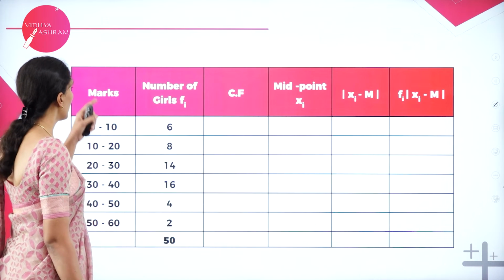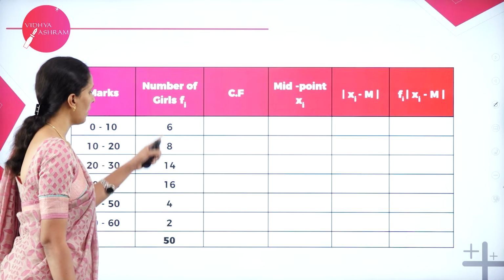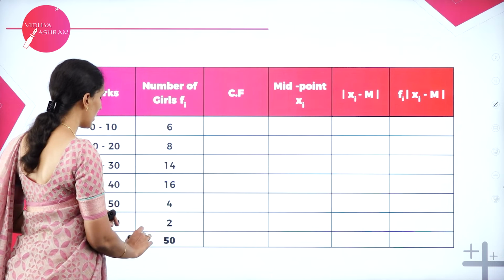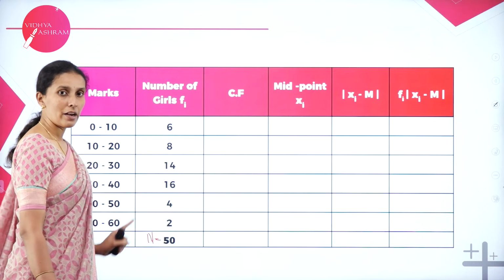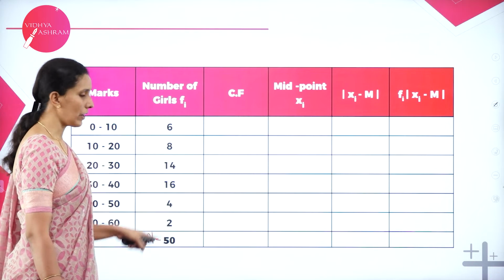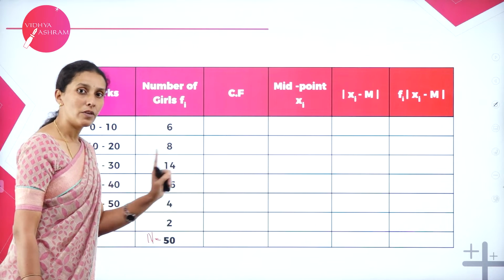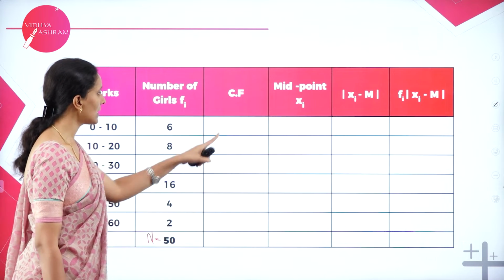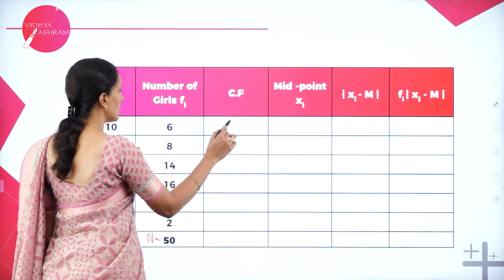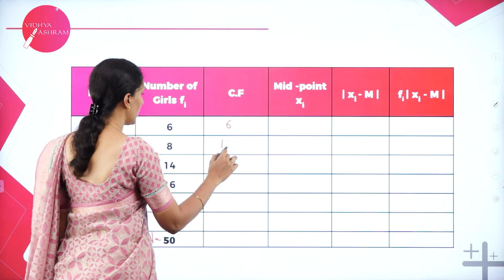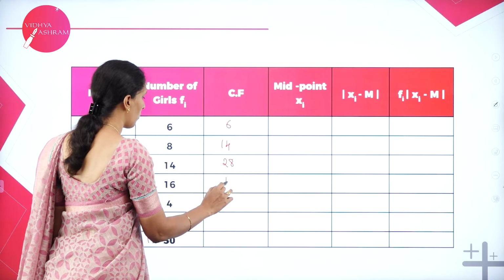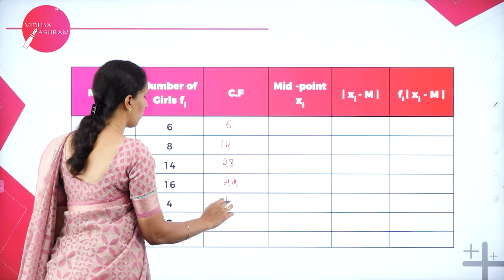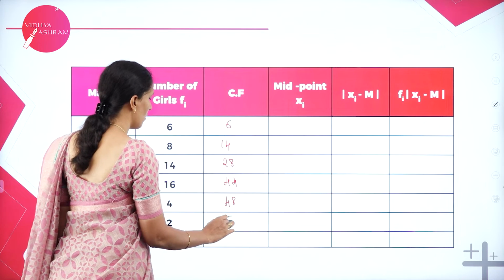So now here are the marks I have taken, number of girls I have taken, I got n equal to 50. So whenever class interval is given, write the midpoint. Whenever frequency is given, cumulative frequency is needed for median. So for that, let's take the cumulative frequency. So 6, 14, 28, 44, 48, 50.